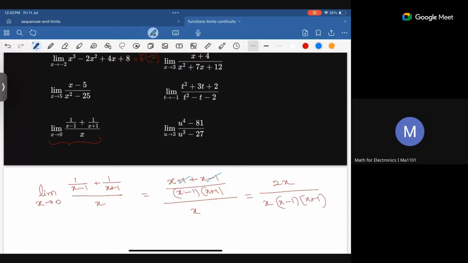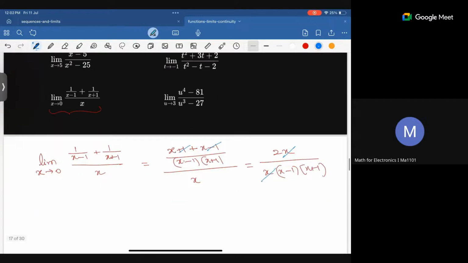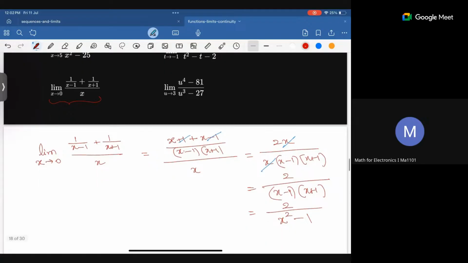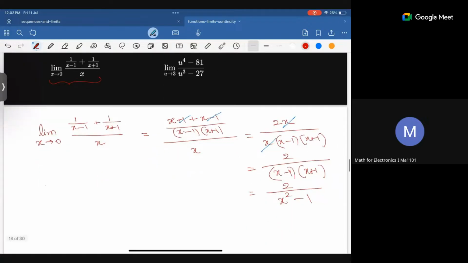Again now x and x will get cancelled out and I will have the expression 2 by (x minus 1) into (x plus 1), which is the simplest thing I can do. Or else I can multiply these two in the denominator also. It is (a minus b) into (a plus b), which is a square minus b square, which is x square minus 1. So this is the simplest form I can get and I have to compute its limit.